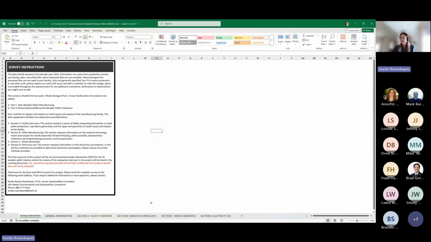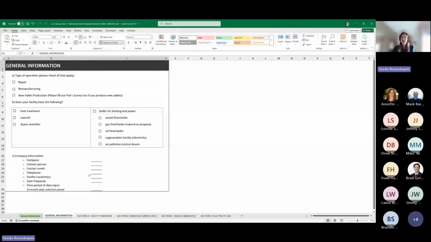Okay. This should be slightly fast. So this is the part 2 survey for remanufactured and repaired pallets. Again, it has the survey instructions. The general information is a little bit different for this one, since the content is different.